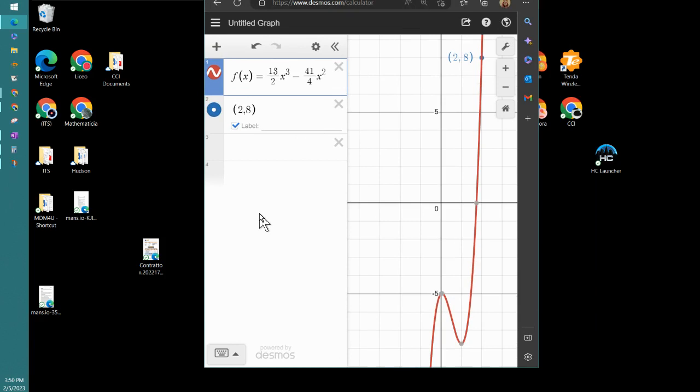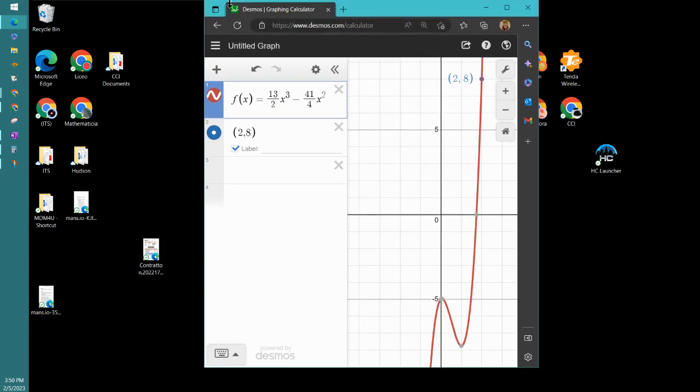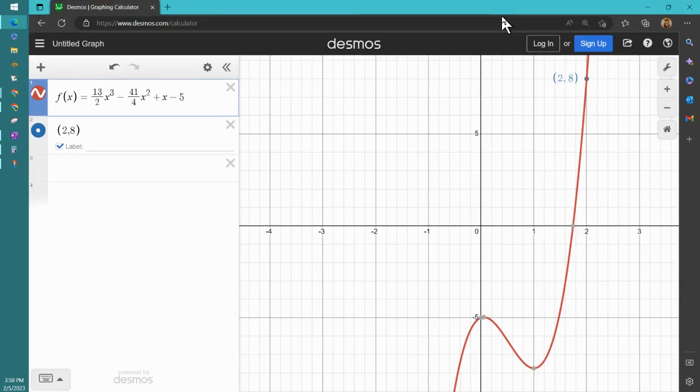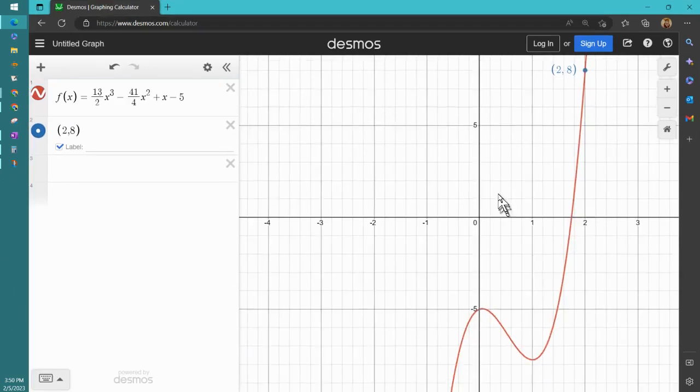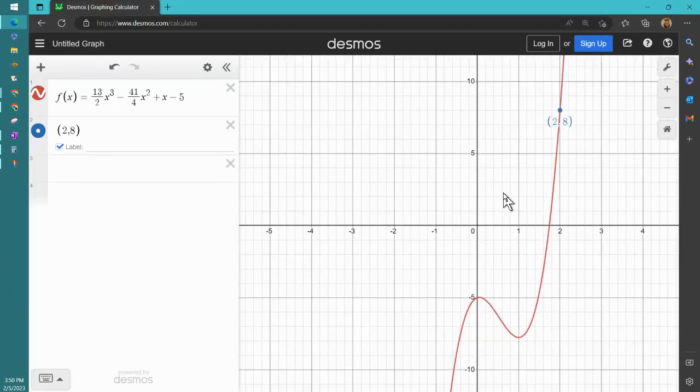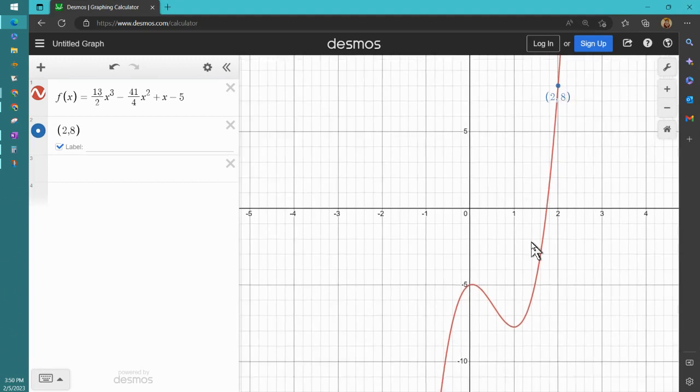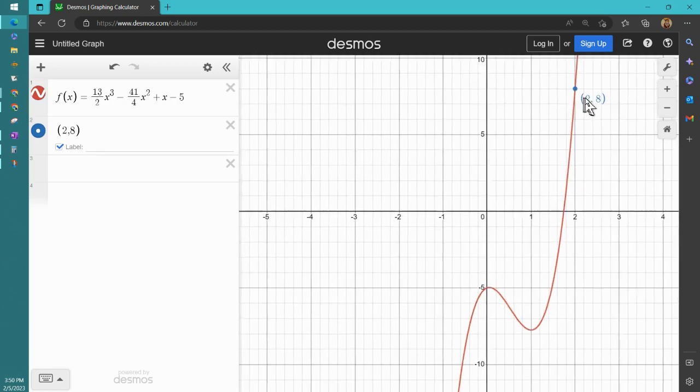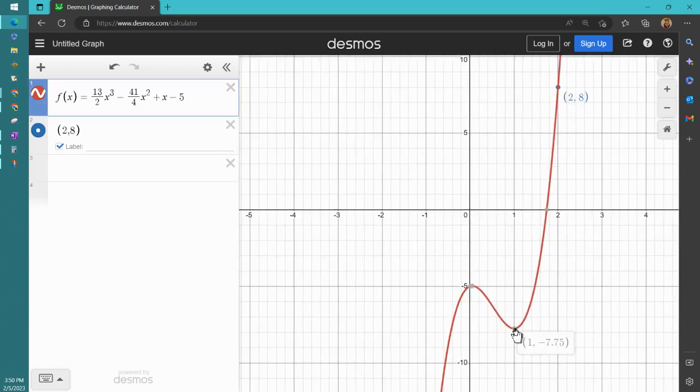Oops, I lost it. There. And there it is. Look at this function. Here it is. This is the same function. It goes through 2 comma 8 right here. Okay. And right there, boom, at 1, its derivative is 0.